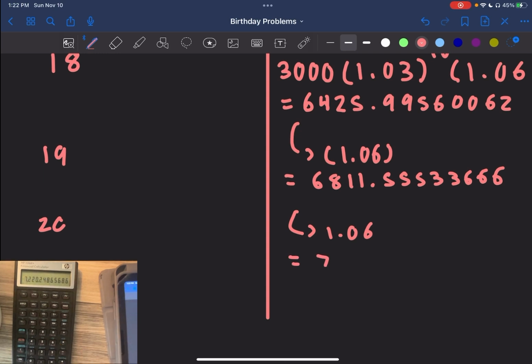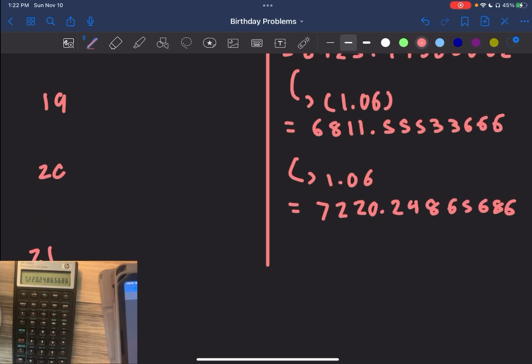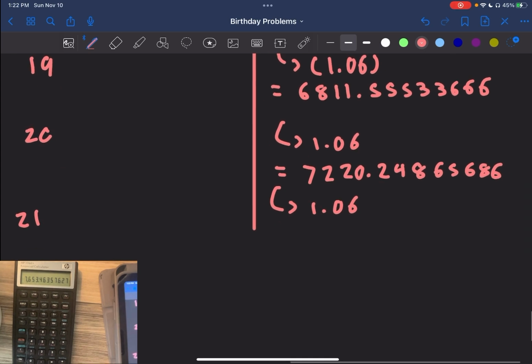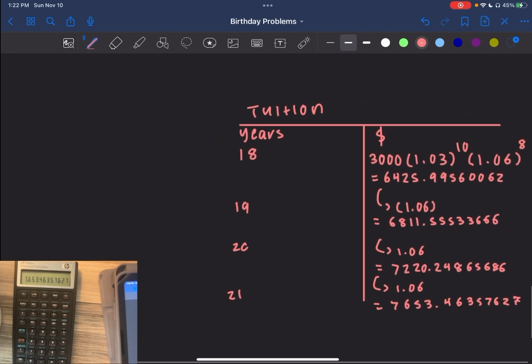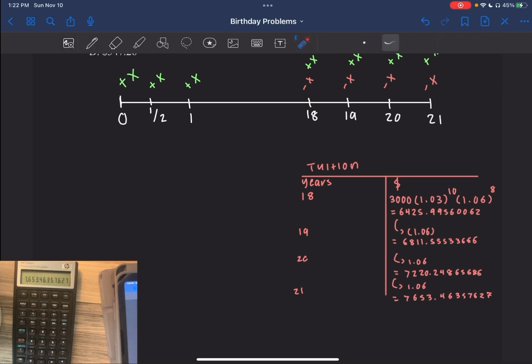That's going to get us 7,220.24865686. And lastly, for year 21, we're going to do the same exact thing. A little repetitive, but it's okay. And it's going to be 7,653.46357627. All right, so we know how much these withdrawals are.